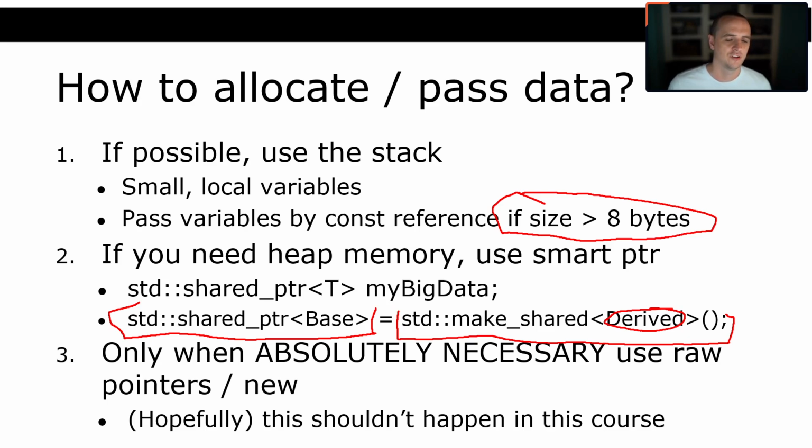So if I have, I don't know, like a component base class and some derived specific components, I can say std::shared_ptr<Component> equals std::make_shared<TransformComponent>, and we'll see that. Only when absolutely necessary will you ever use raw pointers, so the asterisks or the new keyword. And this whole course, we will go the whole course without using, hopefully, any new keywords or raw pointers.